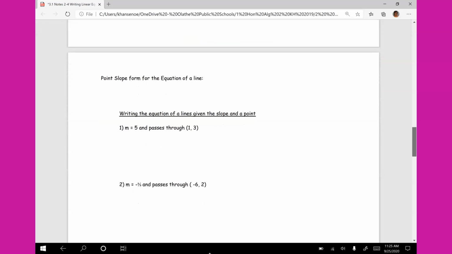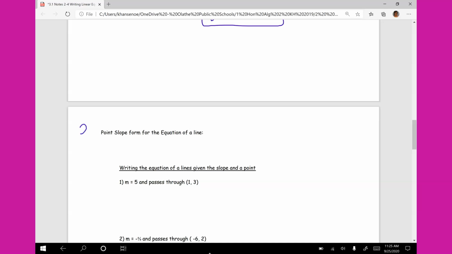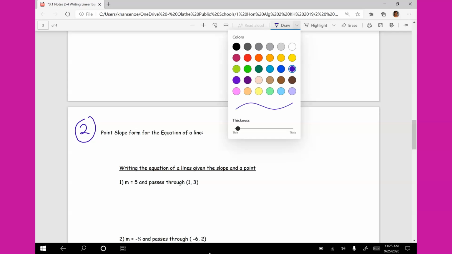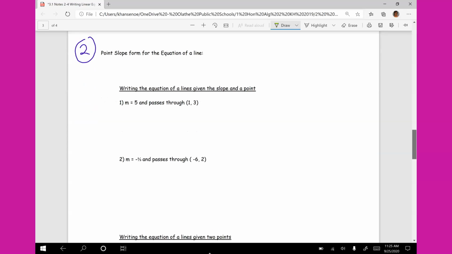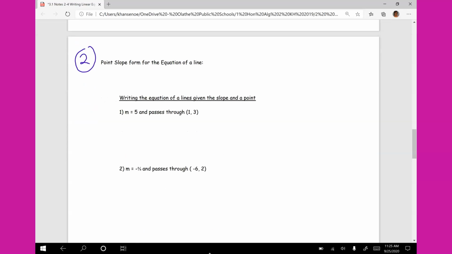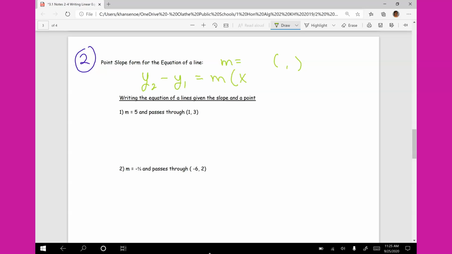All right, so this is the second one. The second one is point slope form for the equation of a line. So if you will recall, point slope, you have to have a point and you have to have a slope. Duh, right? So I have to have a slope and I have to have a point. The equation is y2 minus y1 equals m times x2 minus x1.